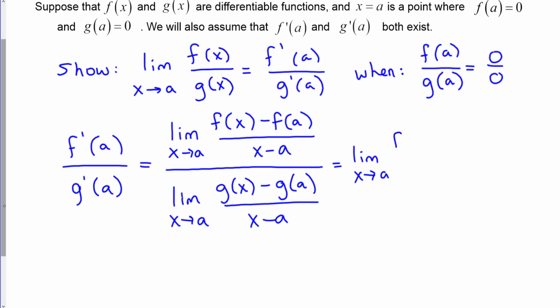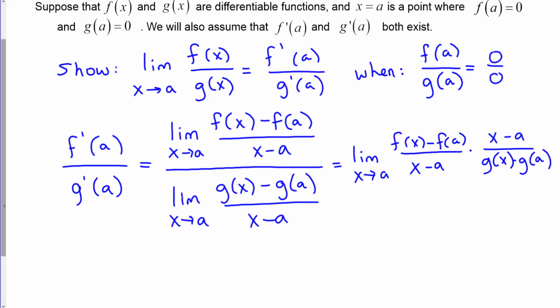So f of x minus f of a all over x minus a times, instead of dividing by g of x minus g of a over x minus a, I'm going to invert and multiply. So x minus a over g of x minus g of a.